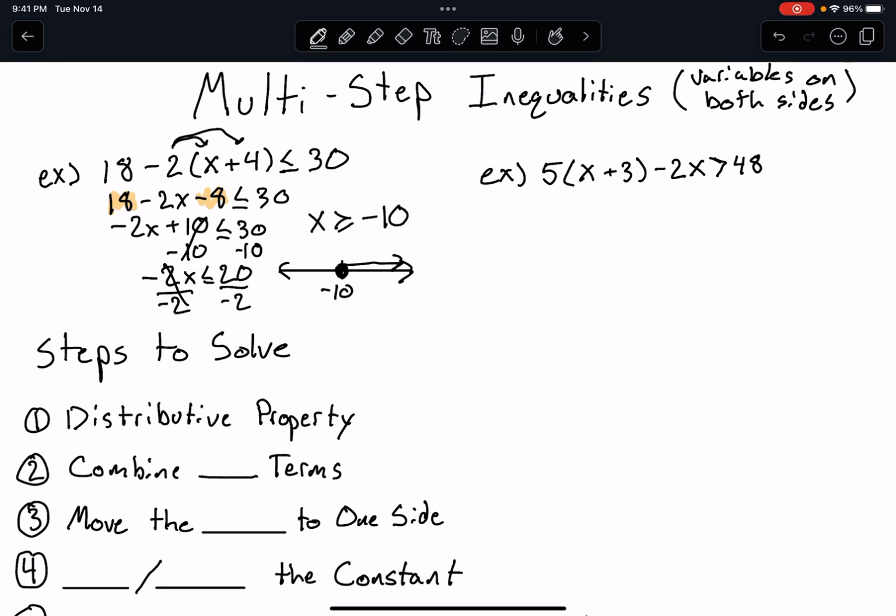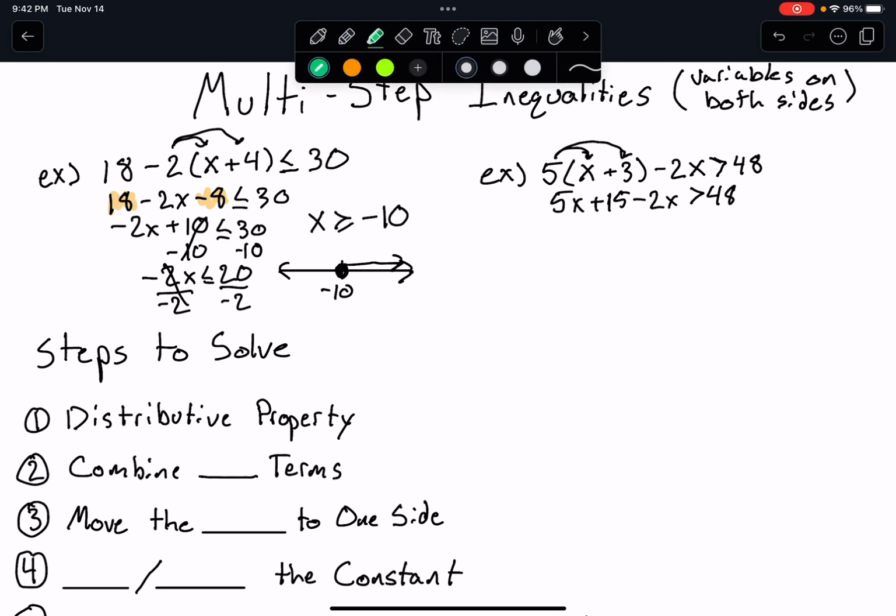And then here we've got 5 times x plus 3, distribute first, 5 times 3. 5x plus 15 minus 2x is greater than 48. Combine our like terms. So we have a 5x and a -2x.